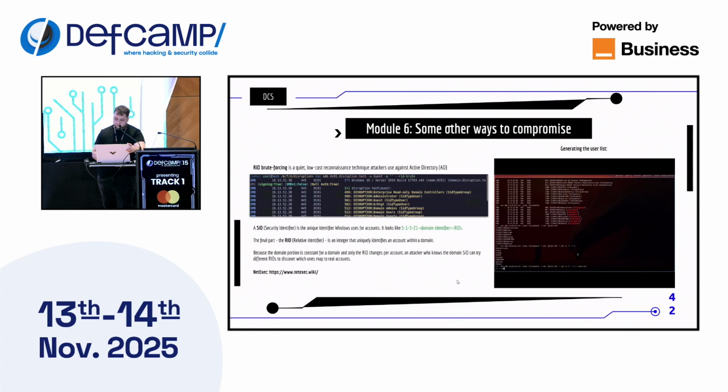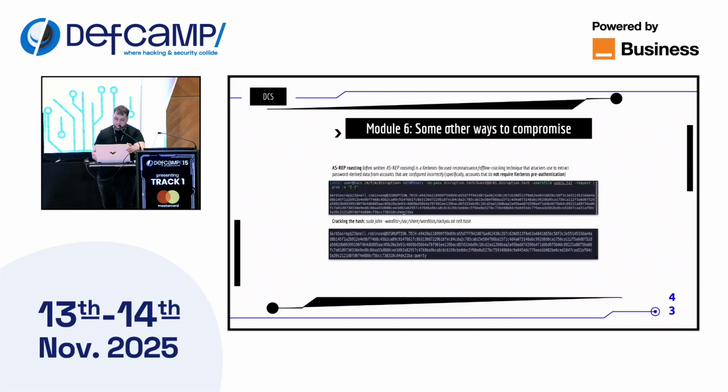And once we have those users, we could do an ASREP roasting attack, which is a Kerberos-focused reconnaissance and offline cracking technique that attackers use to extract password-derived data from the accounts, especially the accounts that have the do not require Kerberos pre-authentication. We could get the hashes, crack them, and reuse those accounts inside of the Active Directory.